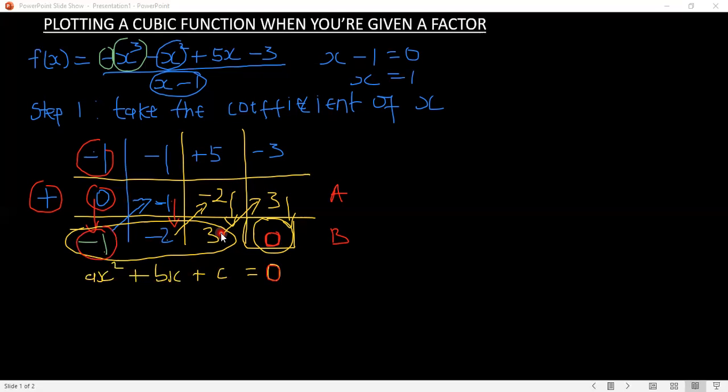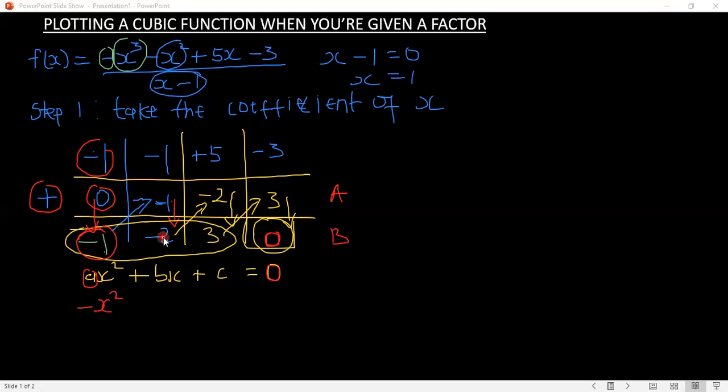In other words, a is the coefficient of x squared. So a here is going to be what? It's going to be -1. So we're going to have -x squared. We don't have to write -1, guys. We know that there is -1 here. So we don't have to do that.